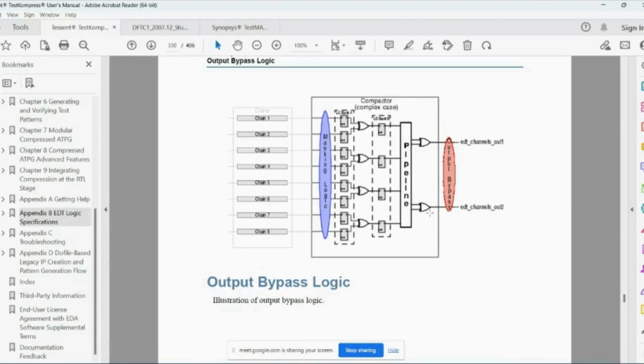XOR is very helpful in filtering two inputs. So what is the behavior of XOR? The truth table of XOR? Anybody?